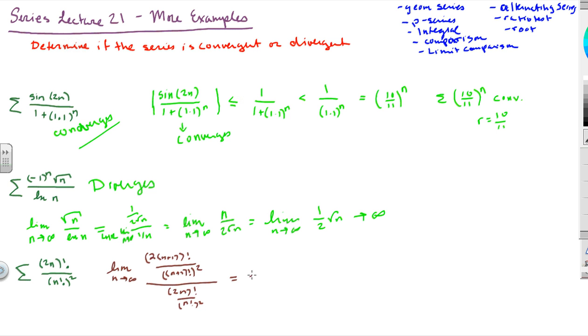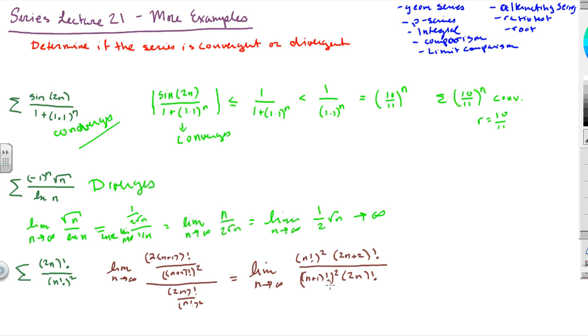So rearranging that, that's going to be the limit as n goes to infinity of n factorial squared times 2n plus 2 factorial over n plus 1 factorial squared times 2n factorial.